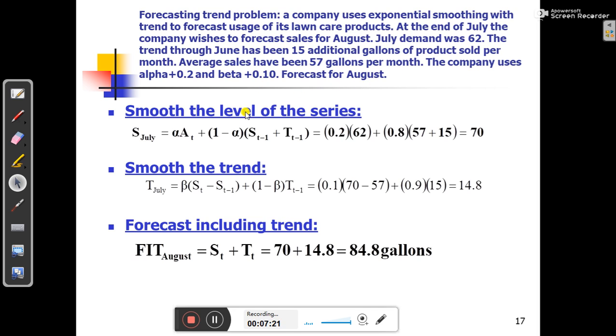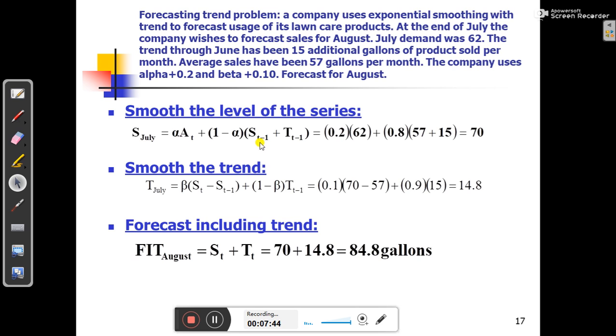Forecast for August. So smooth the level of the series, where alpha is given as 0.2 and the actual demand is 62, and here 1 minus alpha into the predicted one. How can we find the predicted one?